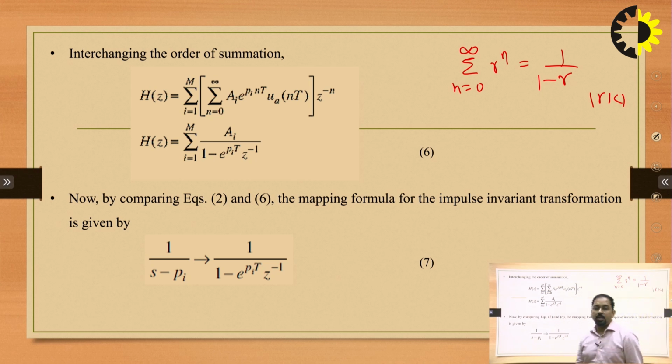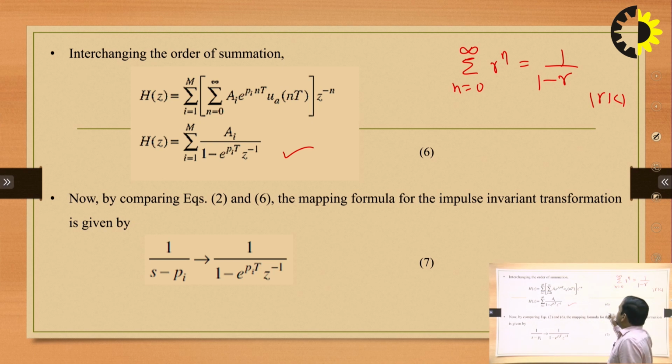Only then will the summation converge. If r is greater than 1, definitely the summation will diverge, and the result will be infinite. So H of z, simplified, is the summation i equals 1 to m of A_i divided by 1 minus e raised to power p_i T z inverse, where T is again the sampling interval.